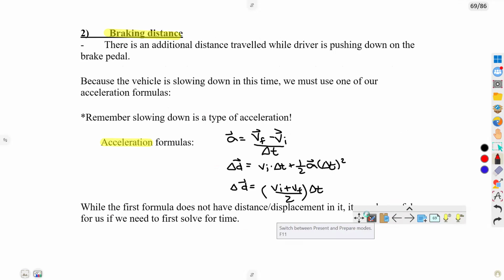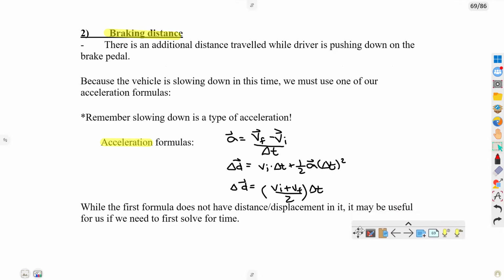The second one is going to be the braking distance, and that will be based on your deceleration or your negative acceleration. So you're going to have to pick one of these formulas to use. Usually, since we're going to be looking for the total distance, we may be thinking that that is not something we would have to worry about, but we may want to use it if we need to know how long it's going to take us to slow down.